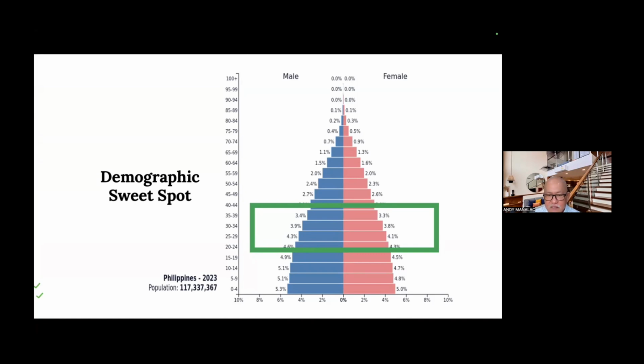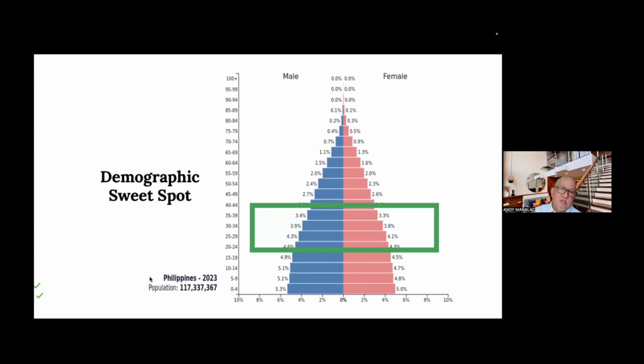And if you notice, the population from 0 to 4 is already not shrinking, but prudently growing. Unlike before, we have a very big base. The 0 to 4, 0 to 9, this is the most expensive. They're not contributing, but the working class is spending a lot on them. But now this age group, where 64% or 64 million are in the workforce.